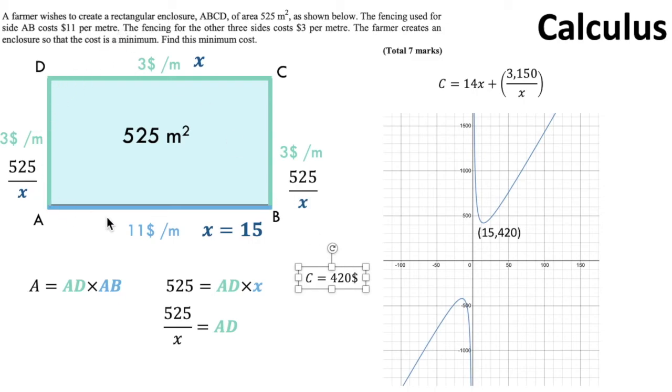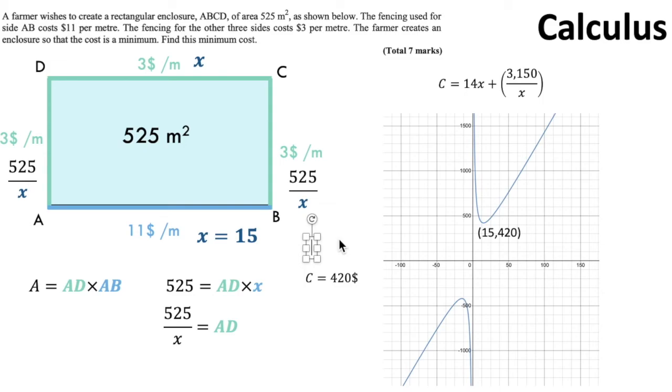You can try it out. You can see, for example, look here, you have x equals 15. So what would be the total cost of this fence right here? 15 times 11. Let's take the calculator out.